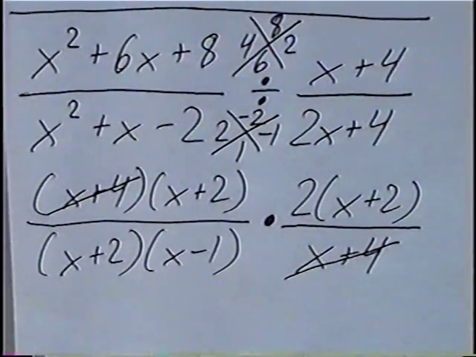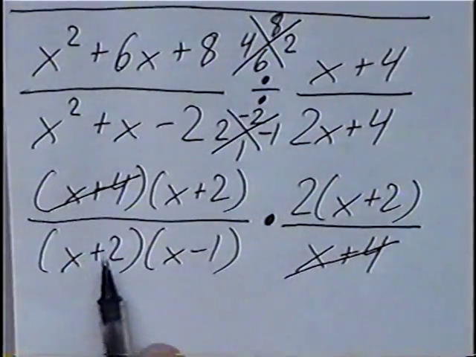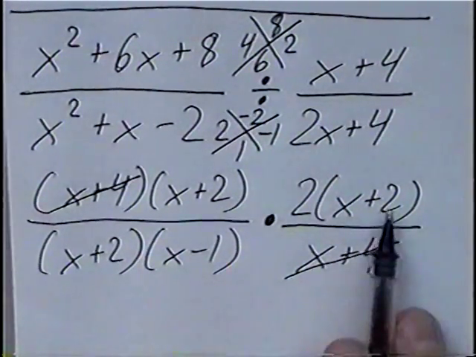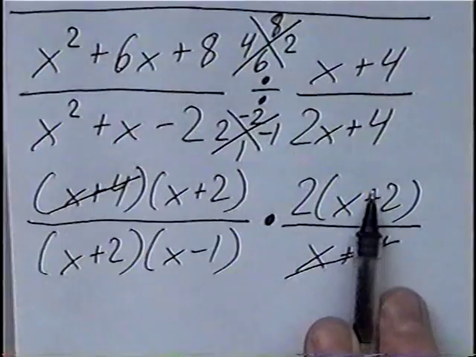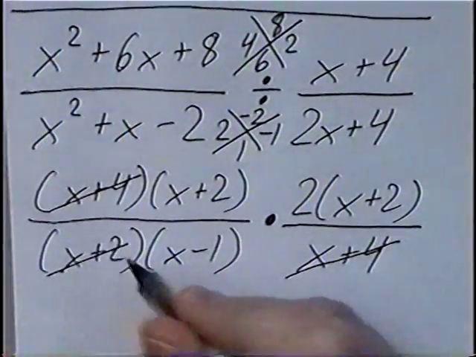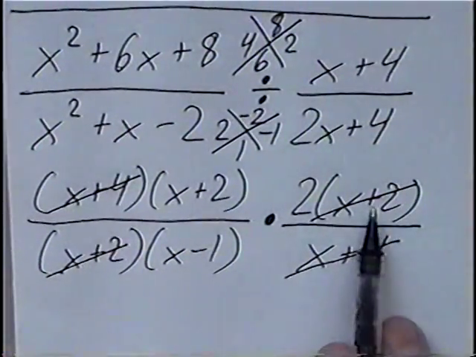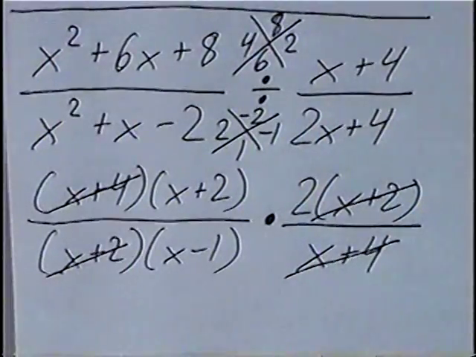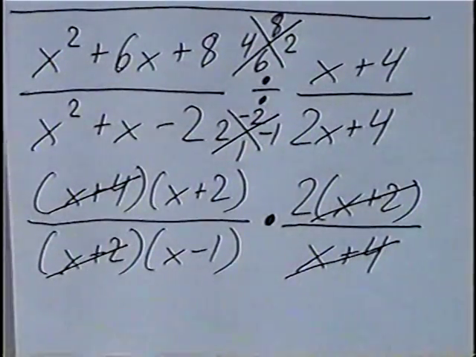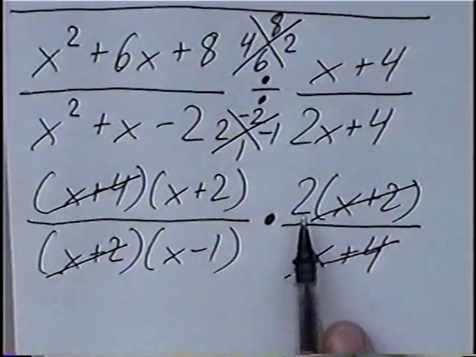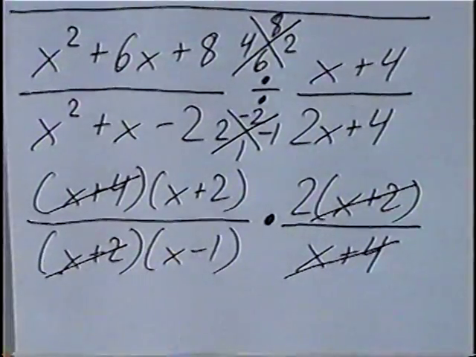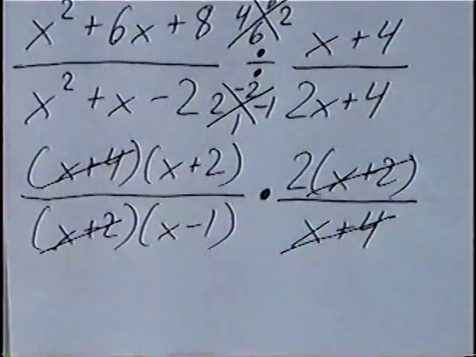Looking for other factors that we can cross-cancel. We have an x plus 2 in the denominator of the first fraction and an x plus 2 in the numerator of the second fraction, x plus 2 and x plus 2, we can divide those or cancel those out. Looking at the remaining terms, x plus 2, 2, and x minus 1, these do not cancel.